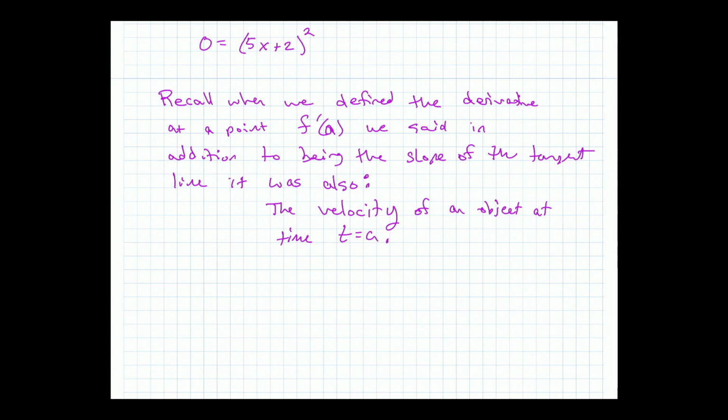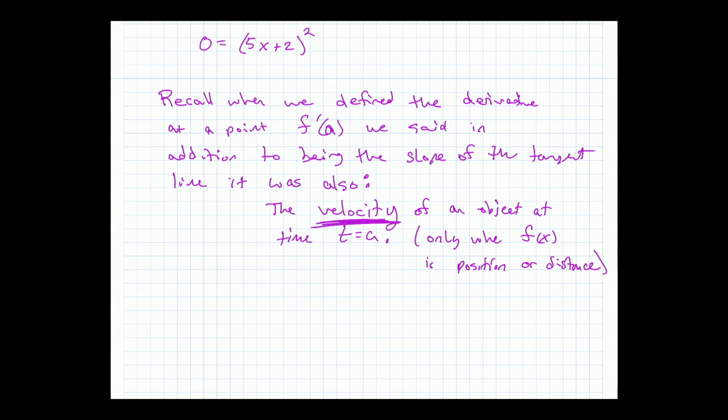And that interpretation was only when the original function f was distance or position. Only when f of x is position or distance, then the derivative is velocity.